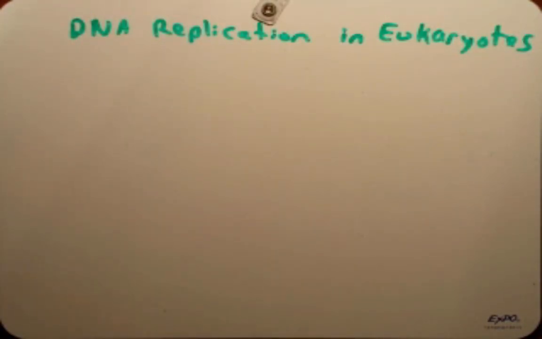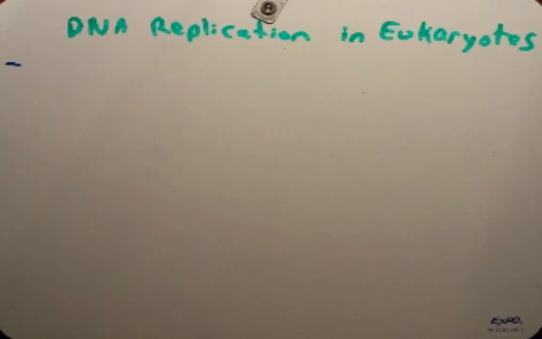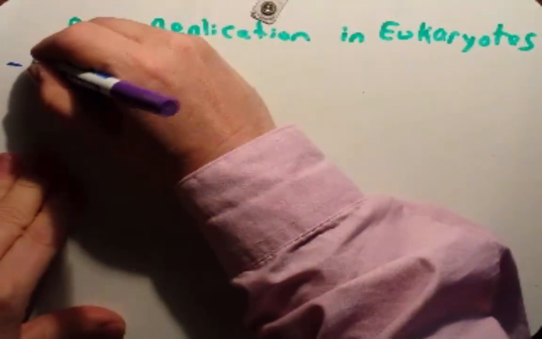So we just got done talking about DNA replication in bacteria. And many of the things that we talked about with bacterial replication also apply with eukaryotic DNA replication. For instance, in eukaryotic DNA replication, we still need to be concerned about the new strands being anti-parallel.